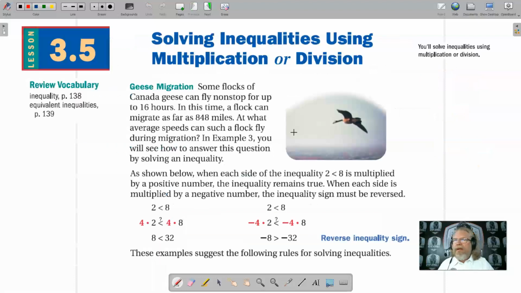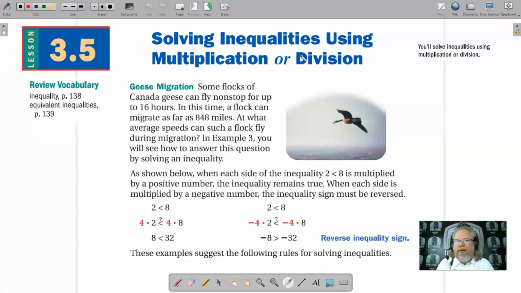All right, so that pretty much covers everything for solving inequalities using multiplication or division. And so if we think about it and we recap, basically solving inequalities is just like solving equalities. Working with problems that have the less than, greater than, less than or equal to, greater than or equal to, those are inequalities.